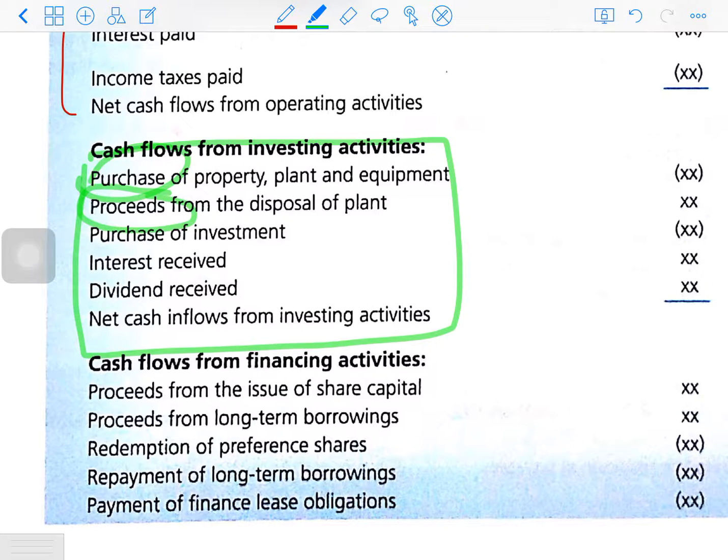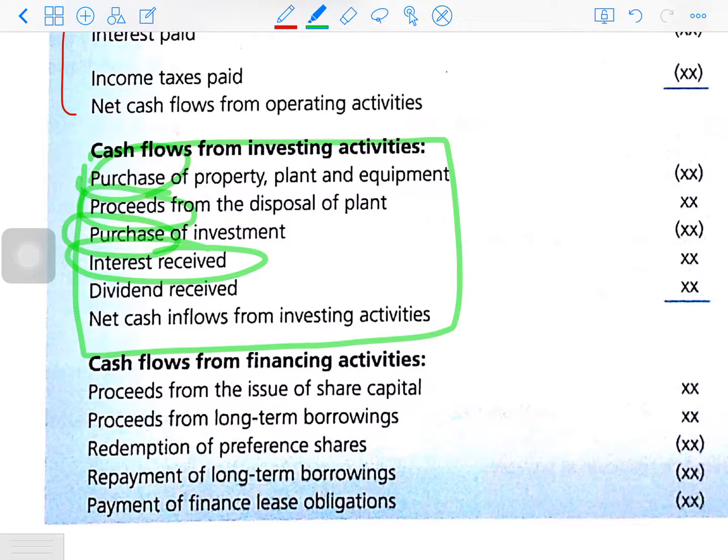Another example of money going out is purchase of investments. Investment is part of your non-current assets. And then other than that, you have interest received. Interest received could also be included here as your investment activities.